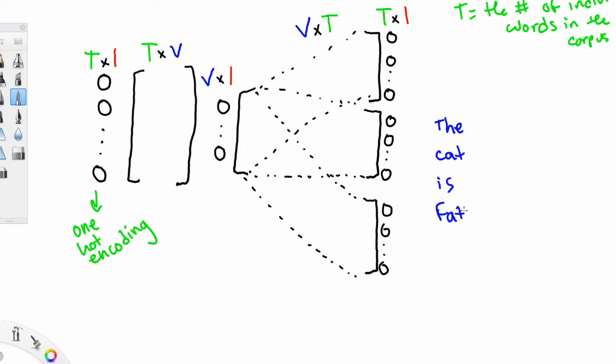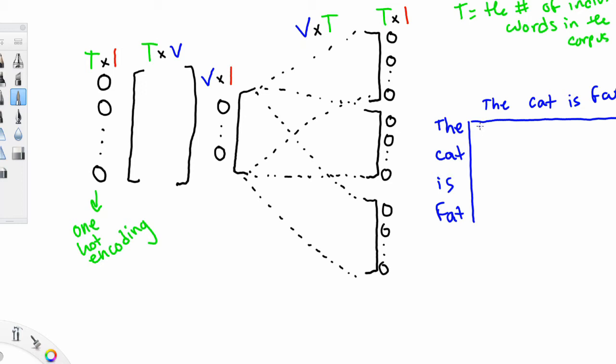And so we can make a little table here, and then we'll put these also on the top: the, cat, is, fat. And so now let's define one-hot encodings for each of these words. And if you already know what a one-hot encoding is, this might be redundant, and you can skip this part, but some people may not. I'm trying to cover all the bases here.